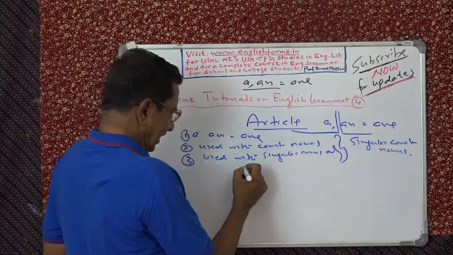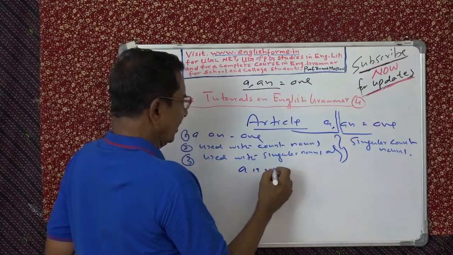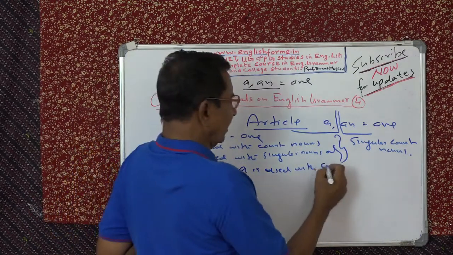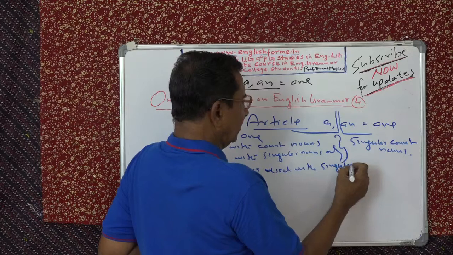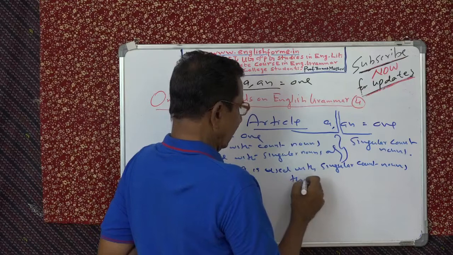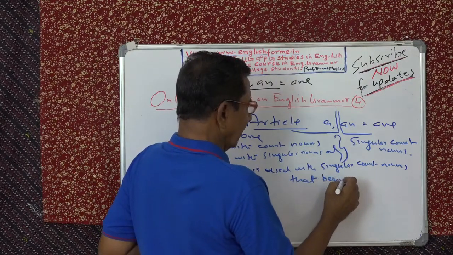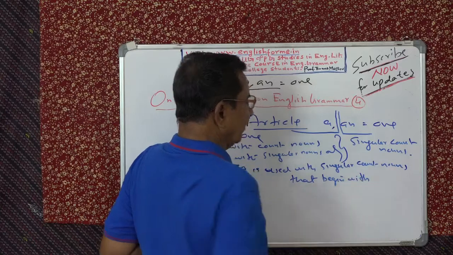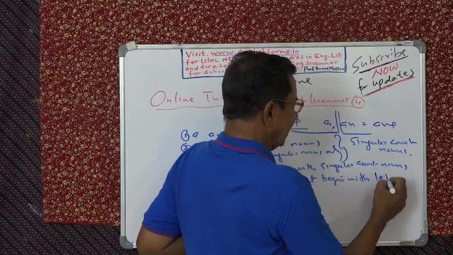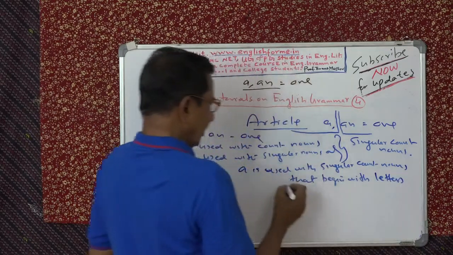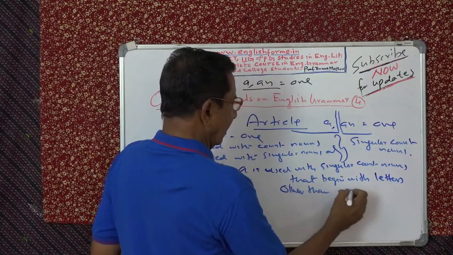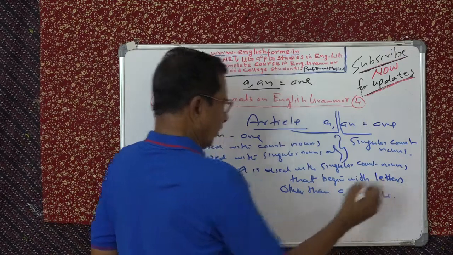So a is used with singular count nouns that begin with letters other than A, E, I, O, U.